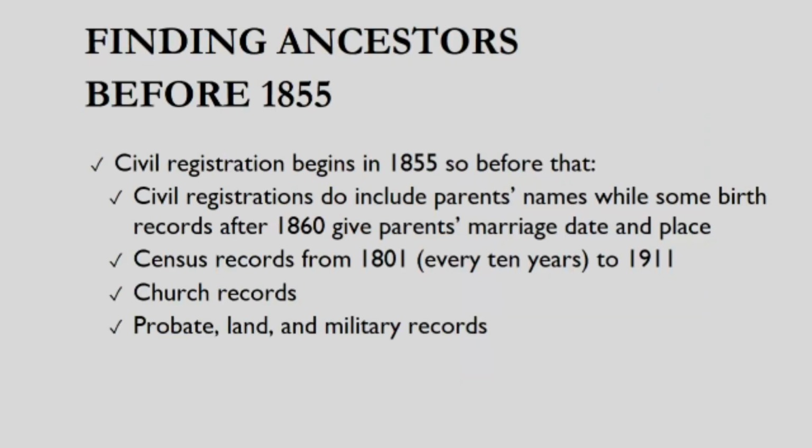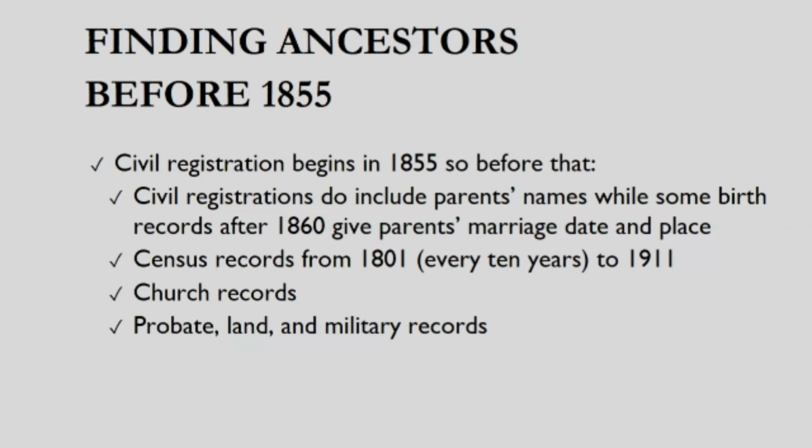Now, before civil registration in 1855, you've got less of a chance of a lot of records. Since we won't have civil registration, you'll be looking at church records as well as census records, which started in 1801 and were taken every 10 years to 1911. They have, just like England does, just like Ireland does, a 100-year privacy law.